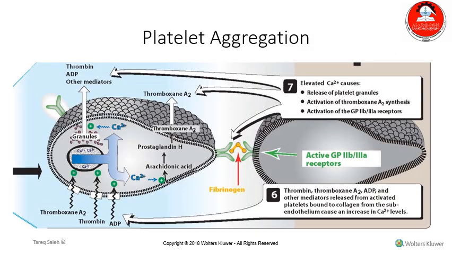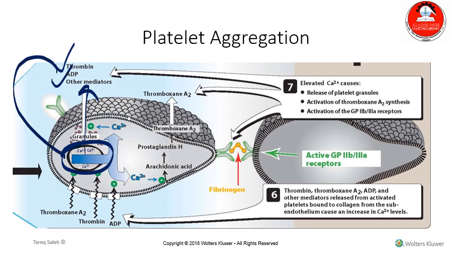So let's quickly revise how a platelet is activated from the resting state. It starts with the adherence of the platelet to the exposed collagen, which activates the release of multiple platelet activating mediators that are found in the platelet granules into the outside. These mediators include thrombin and ADP, which can activate the platelet itself further and can act on adjacent resting platelets to activate them.